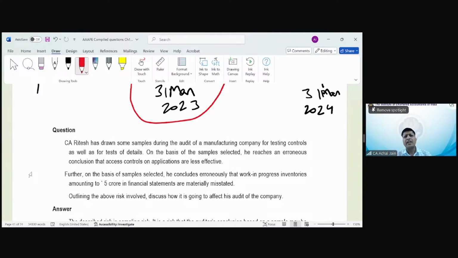It's all about IT procedures. Further, on the basis of samples selected, he concludes erroneously again that work in progress inventory amounting to rupees 5 crore in the financial statements is materially misstated. Outlining the above risk involved, discuss how it is going to affect his audit of the company. Over to you.